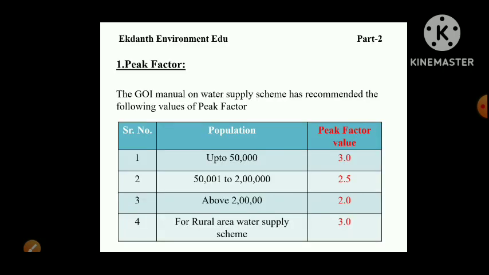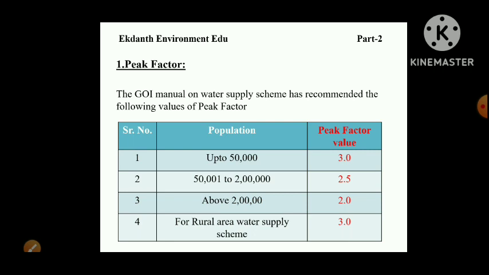So the first topic is peak factor. This is the most important topic from the exam point of view. If you are aware of the examinations, I must say you should note down this topic or this table, because many examinations ask this question: if the population is above 50,000 or about 2 lakh, what will be the peak factor value as per the GOI manual on water supply scheme?